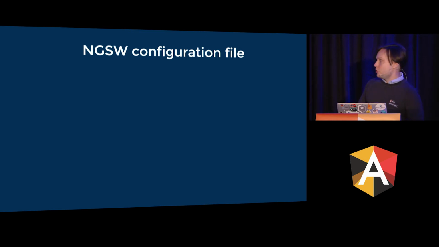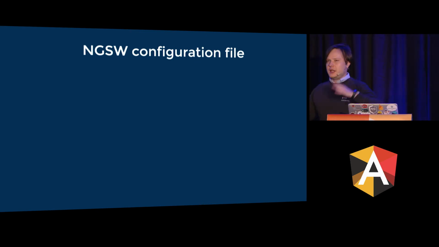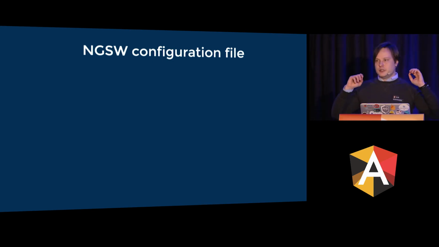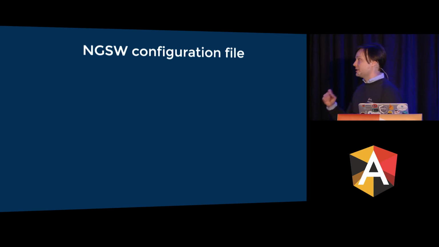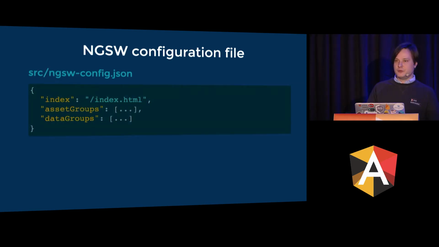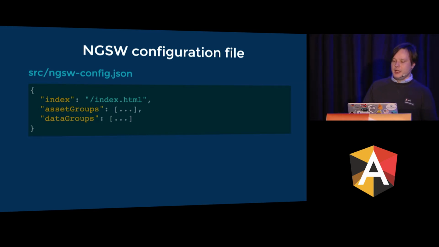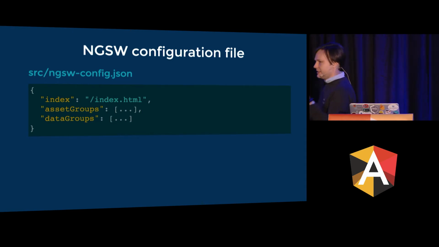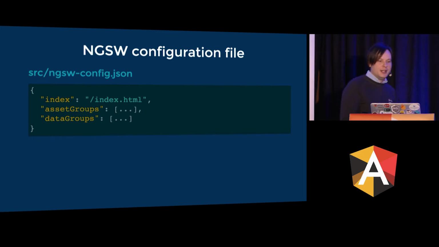Cool. So this configuration file, luckily, again, a couple of days ago, full documentation appeared. So I will be really quick on explaining the main features of this, just to save some time for more practical hints for you. In super short, there are three main options in this human readable, human editable, developer friendly NGSW config.